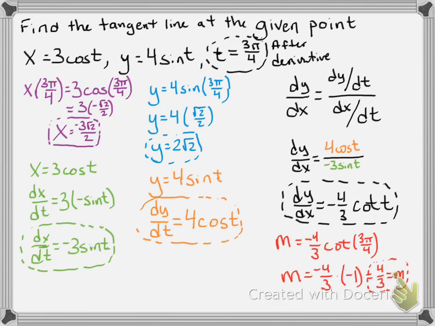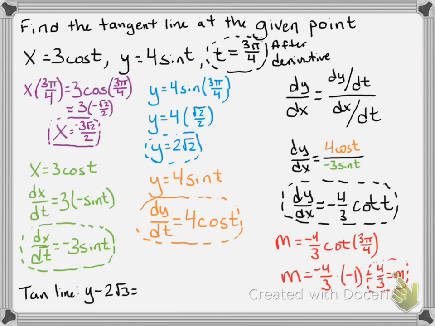That means I can write the equation of my tangent line, which I believe I can squeeze in right down here at the bottom. My tangent line is going to be y minus my y value, which is up there in blue, 2 radical 2, equal to m, which is over there in red.